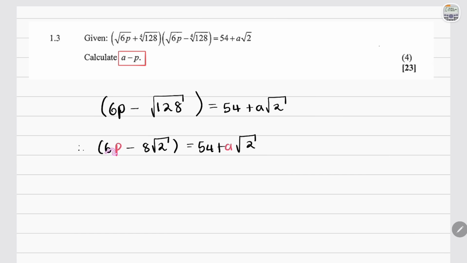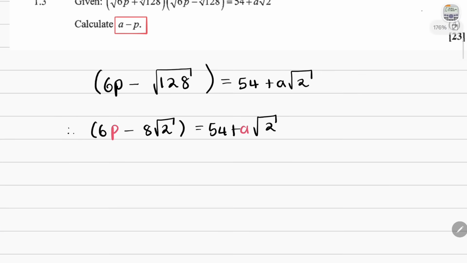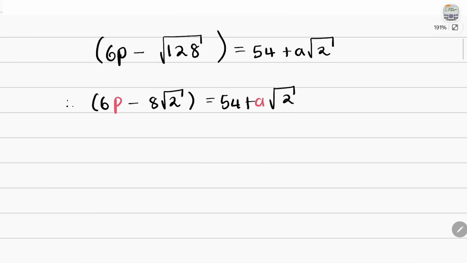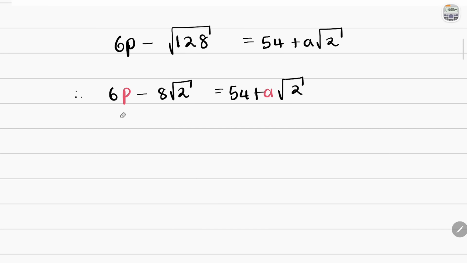If they're saying that 6p minus 8 root 2 is equal to this, I already see a pattern: square root 2, square root 2, and then a value in front and a value in front. So what they really just mean is this and this are equal. So we can look at it like this. If these two things are equal, and I don't know why I still left the bracket here, it doesn't really need a bracket anymore, then what this just means is you have a value, minus another value with a square root 2 next to it.